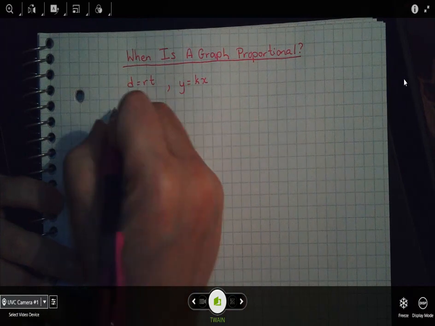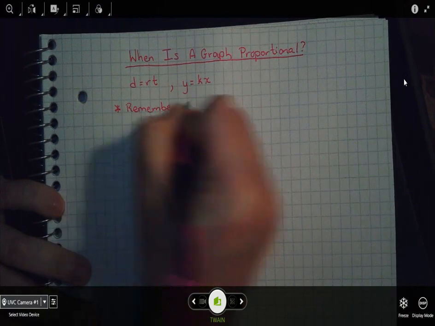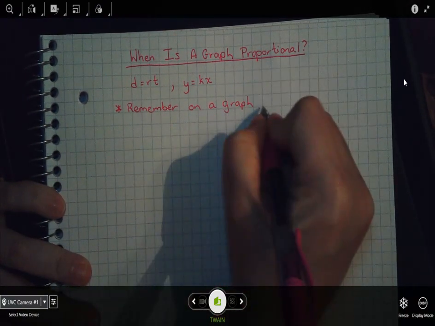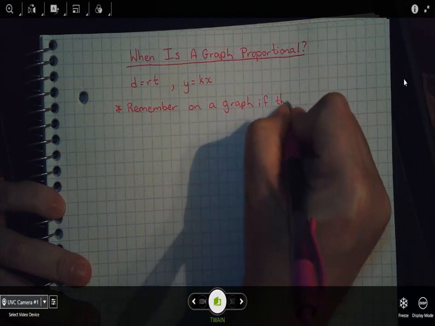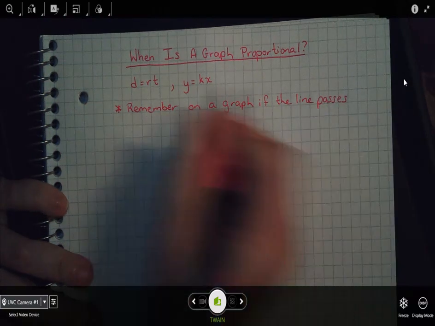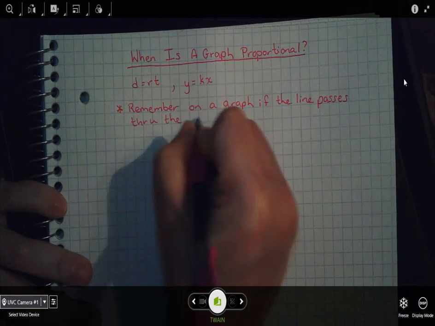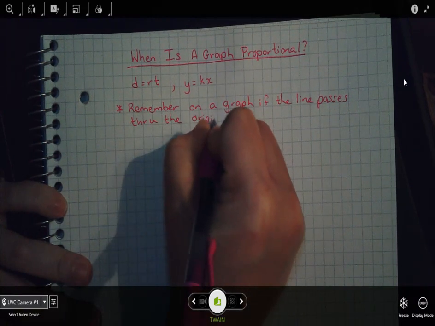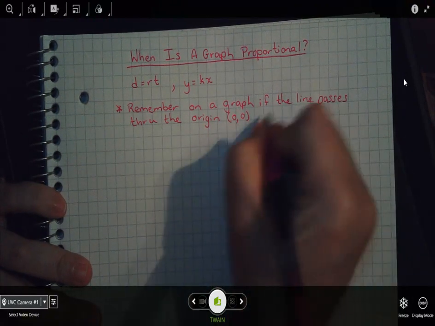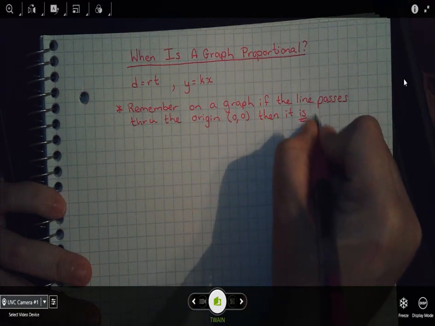So remember, on a graph, if the line passes through the origin, which remember, that's where our x and y cross, at point 0, 0, then it is proportional.